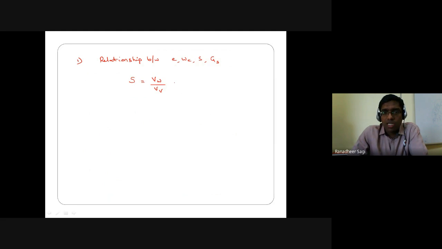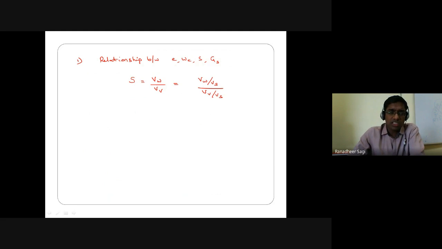Now what I'll try to do is divide the numerator by the volume of solids, and the denominator also by the volume of solids. So I'm not changing the expression. I just divided numerator and denominator by the volume of solids.